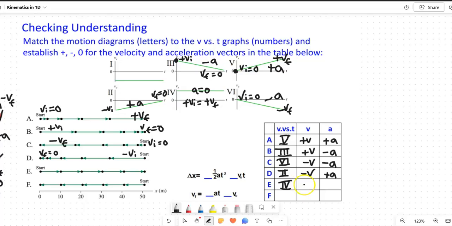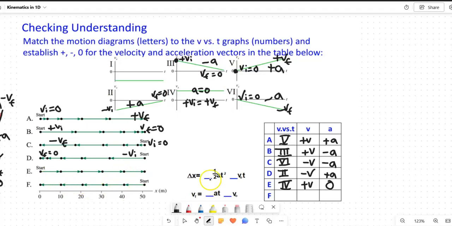So this is going to be positive, but the acceleration is 0. So in other words, you're going to have a positive initial velocity here and here, but there's going to be no acceleration at all. Okay, last one.